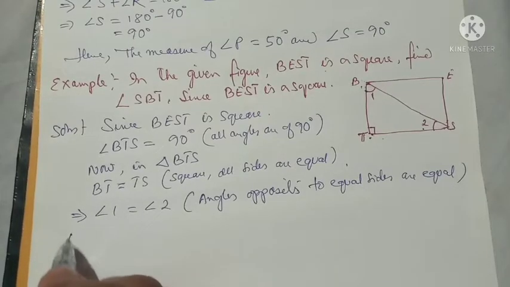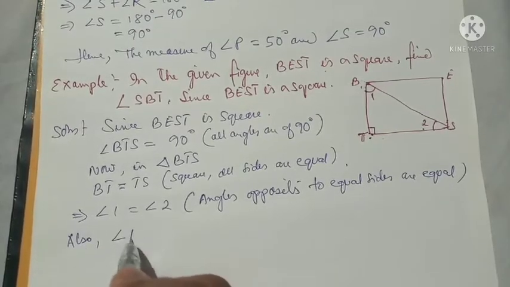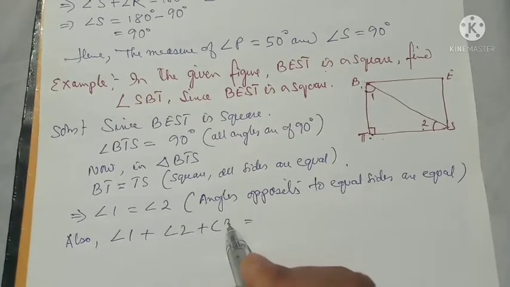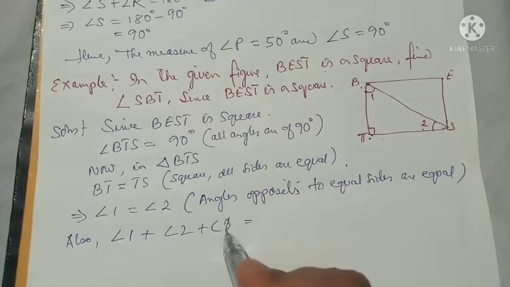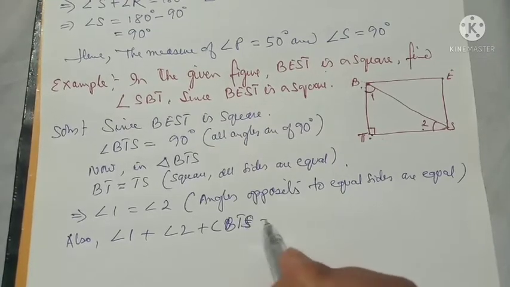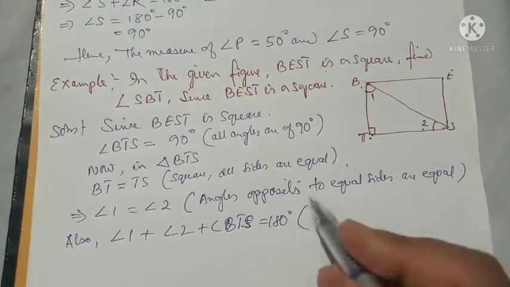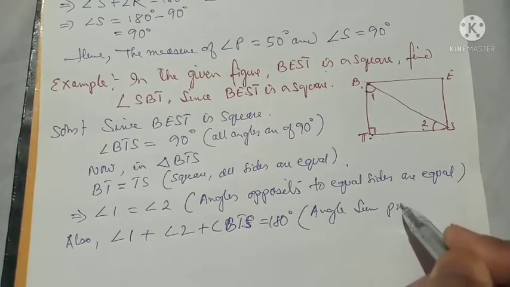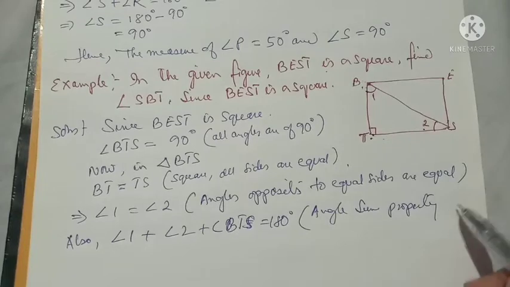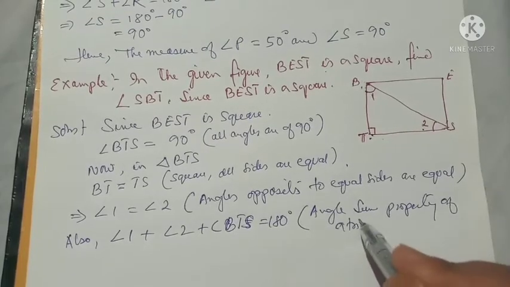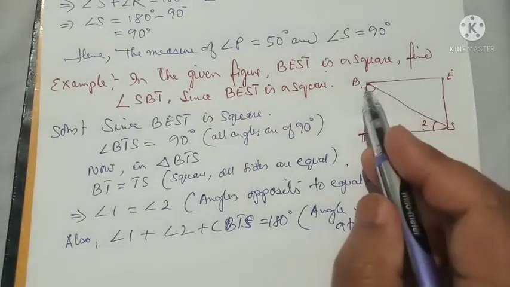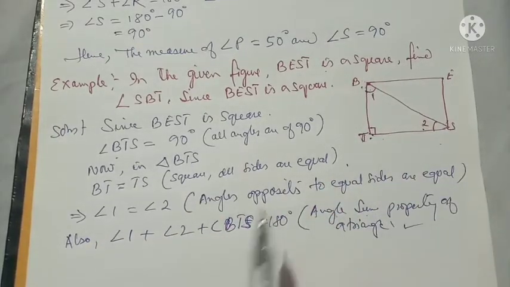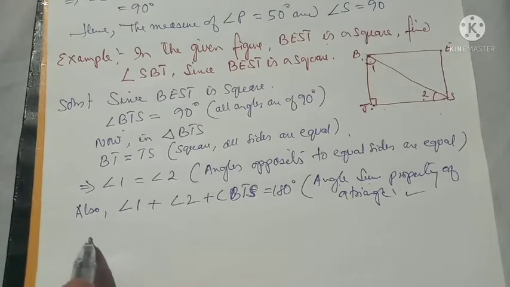Then also angle 1 plus angle 2 plus angle 3, angle BTS, is equal to 180 degree. This is the angle sum property of a triangle. We are considering only triangle BTS. That is why the angle sum property has been included in this calculation.